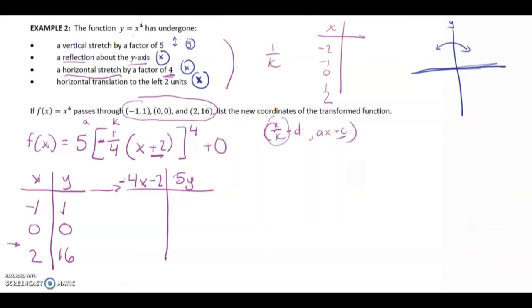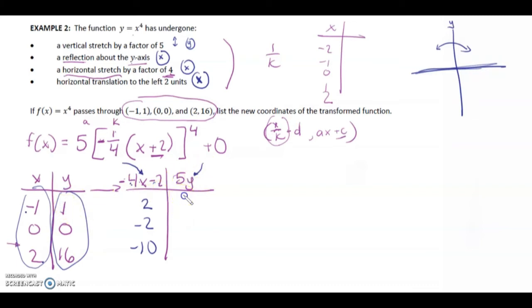So all we have to do is take these 3 values and put them into this x value. So negative 4 times negative 1 is 4 minus 2 is 2, 0 minus 2 is negative 2, and then negative 4 times 2 is negative 8 minus 2, I get negative 10. Take all these y values and multiply by 5.